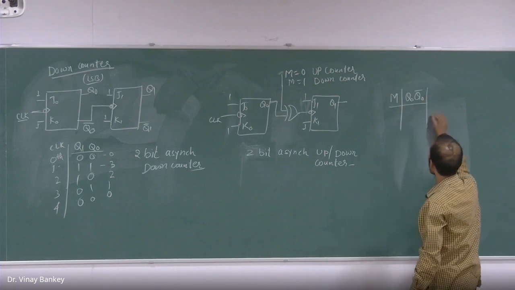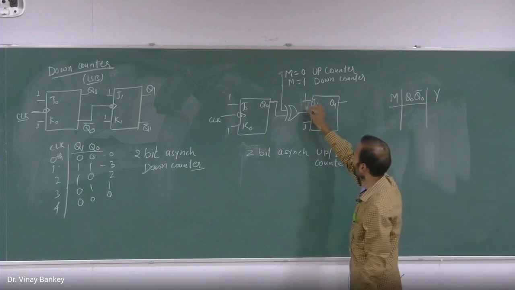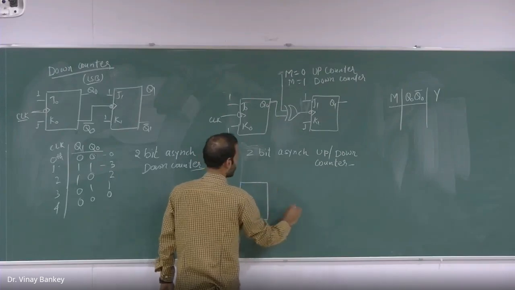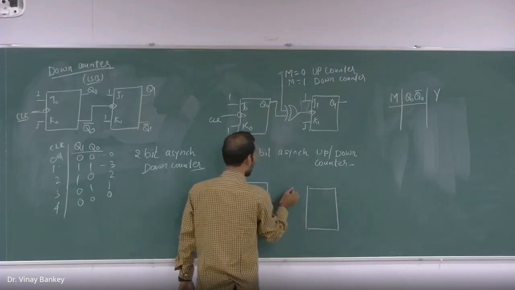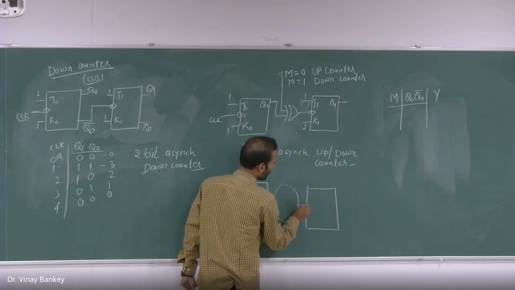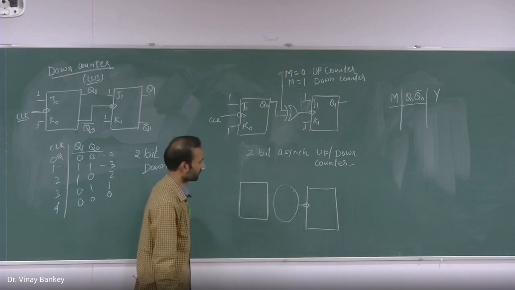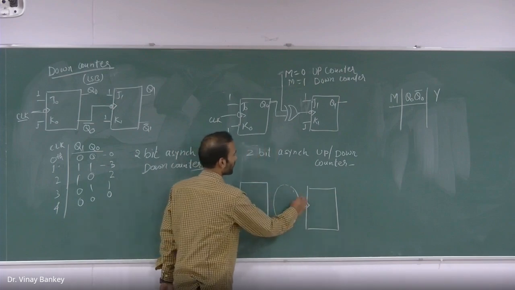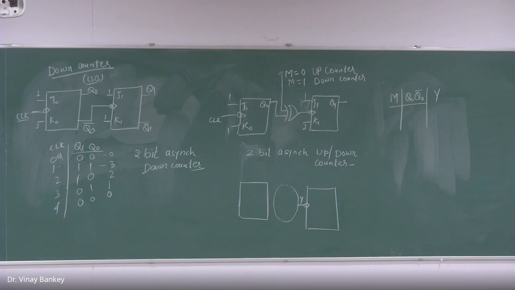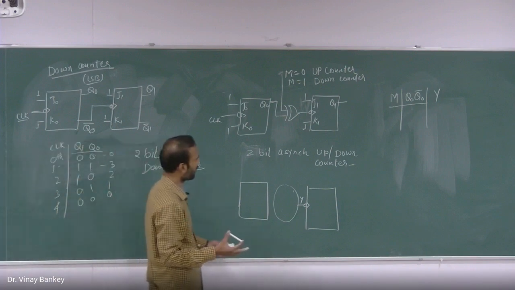What I want at this point is to design a combinational logic here that can feed the clock pulse of the next one, and that is my Y. One way we have seen is to use the XOR gate, and that is very easy. But easy questions don't come in the question paper. They will give a different circuitry and ask, what is this?